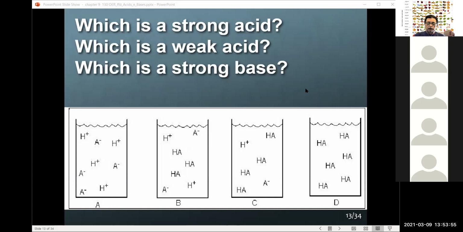So you may be given diagrams as follows, and the question would be, which one is a strong acid? Which one's a strong base? Or a weak acid? Which one's a strong base?